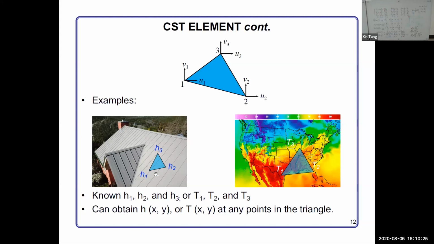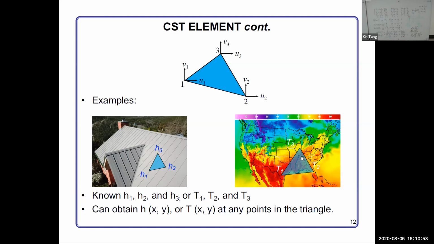So this example is appropriate to this condition. Actually, using the CST element is appropriate because the height distribution on the roof is linear, and it can overlap with the triangle very well, and you can get the exact solution.